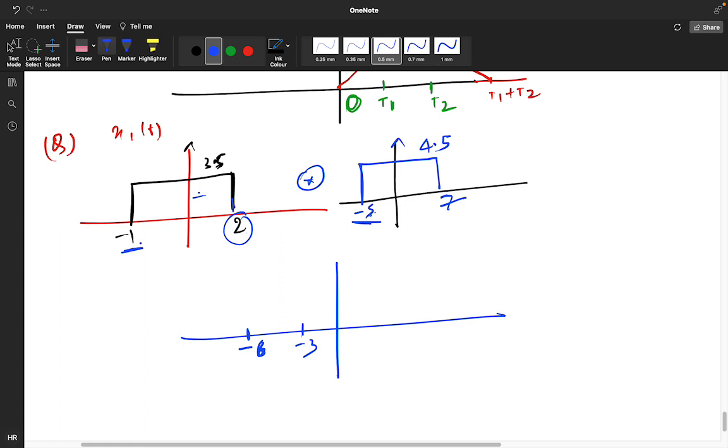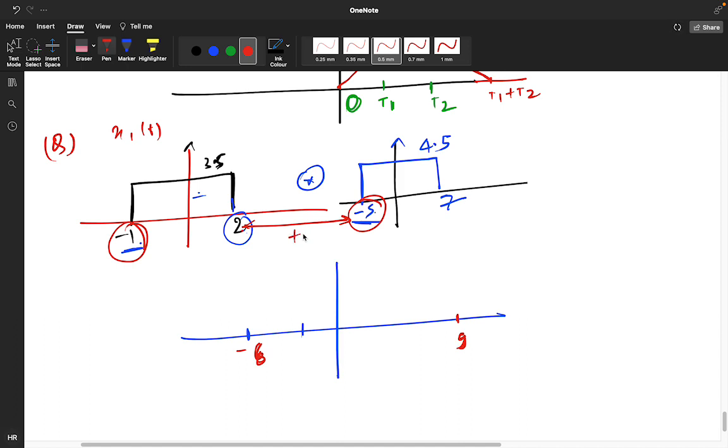Then this and this particular, yeah, so do the addition. Means in a very simple way, if you want to understand, do the first lowest part, minus 1 minus 5, minus 6. Then do this, 7 plus 2, 9. Do both additions.